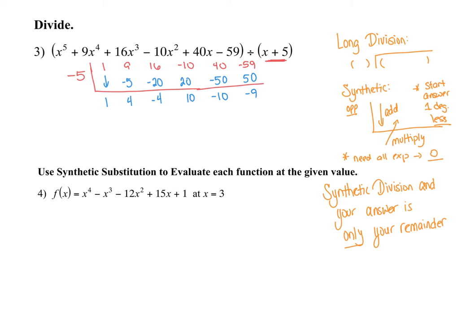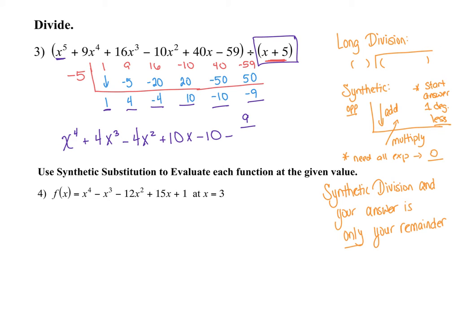Which means when I plug these variables back in, I have a 1, I started with x to the 5th, I'm gonna start with x to the 4th here. Then I'm just gonna go straight down. This is my coefficient for the next one. -4 is my coefficient, plus 10, -10, and this is my remainder. So -9 over what I divided by, x plus 5. So this whole thing is my answer.